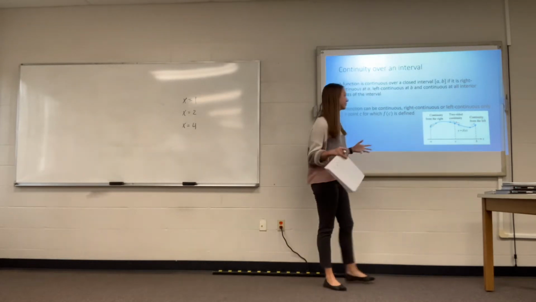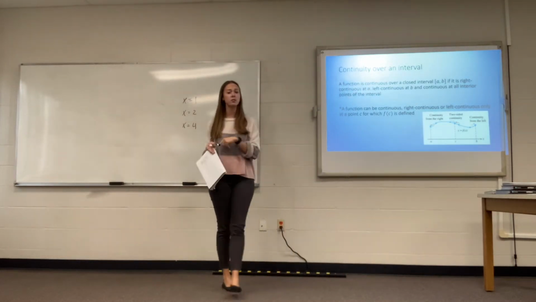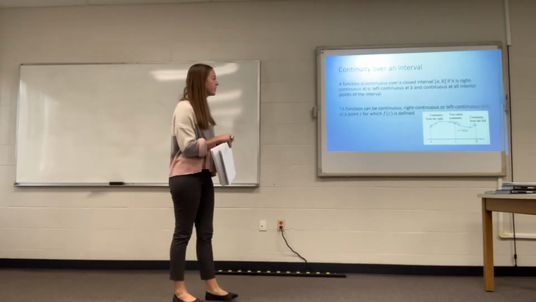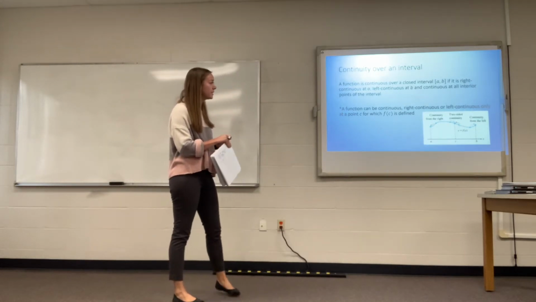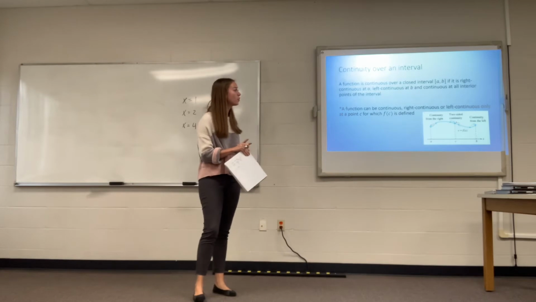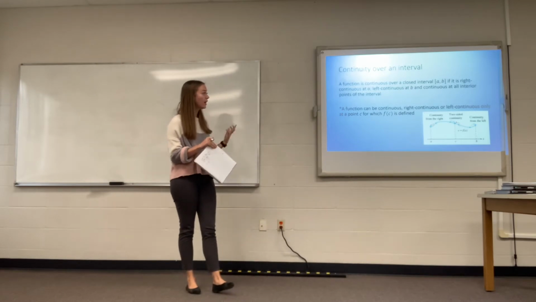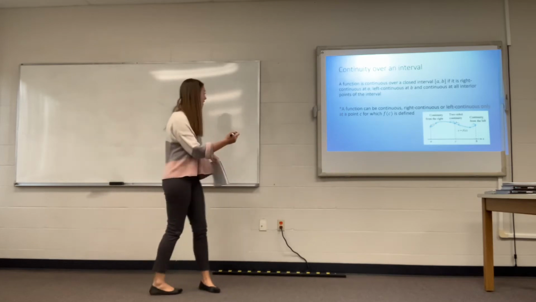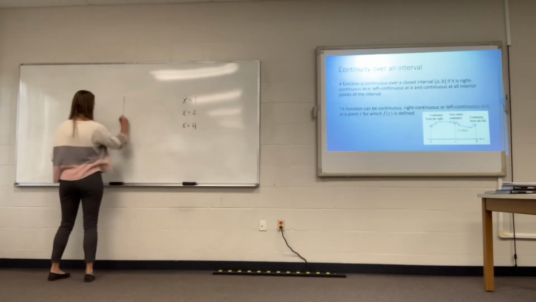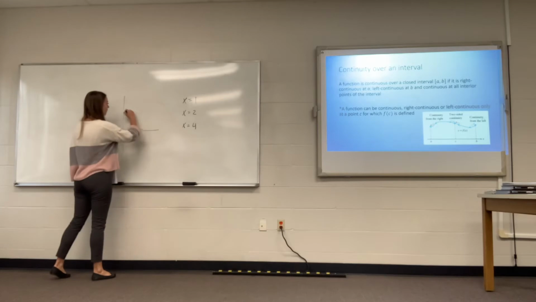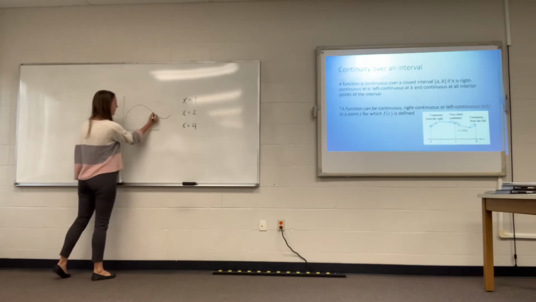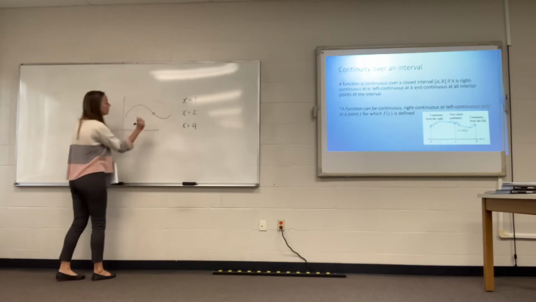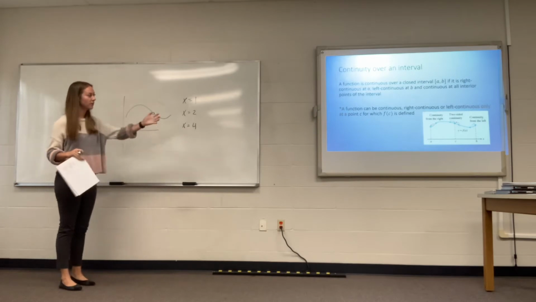Okay, and then just a little side note on my asterisk, it says a function can be continuous, right continuous, or left continuous only at a point for which our function is defined. So anytime we have open circles, if I had a graph like this, but with an open circle in here, my function would no longer be continuous.